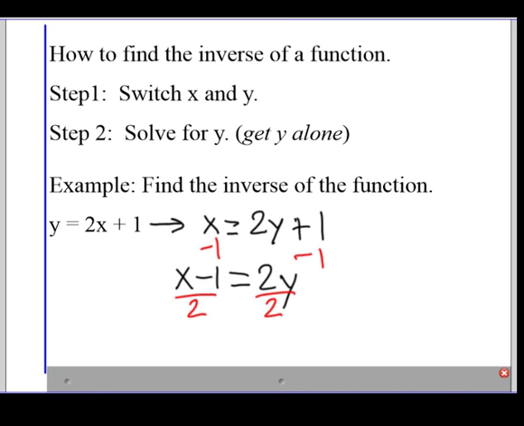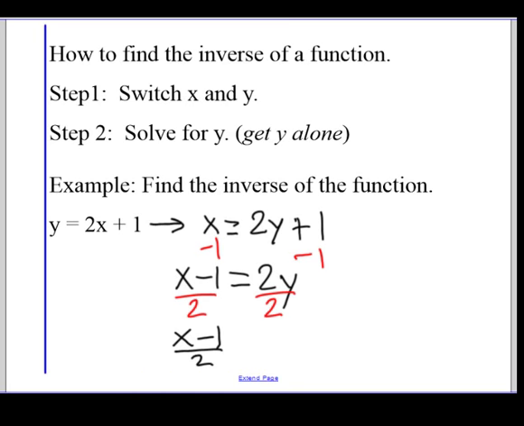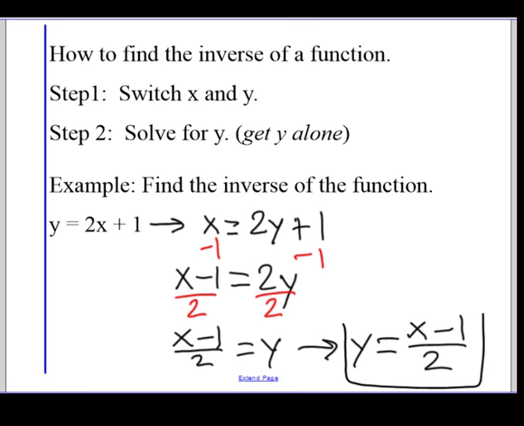And I end up with something that says x minus 1 over 2 equals y. You can switch that around so that it says y equals (x minus 1) divided by 2. So this is the inverse function of what I started with.